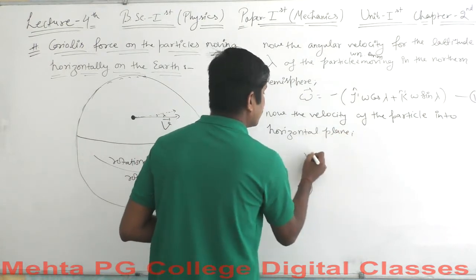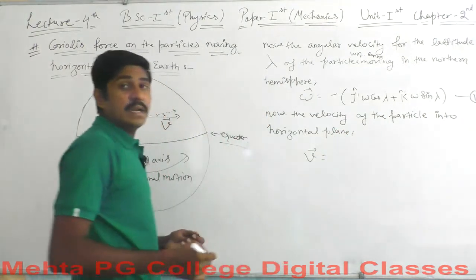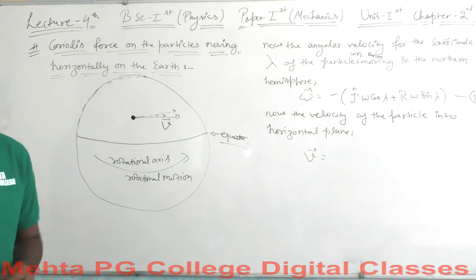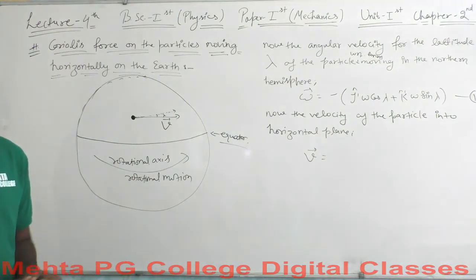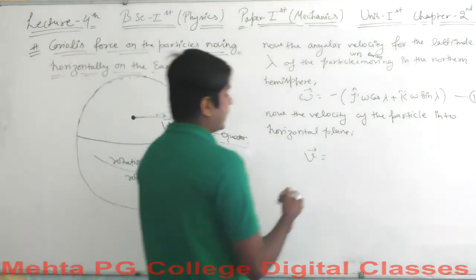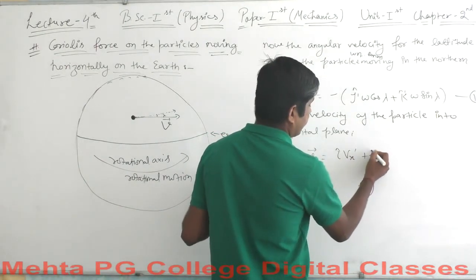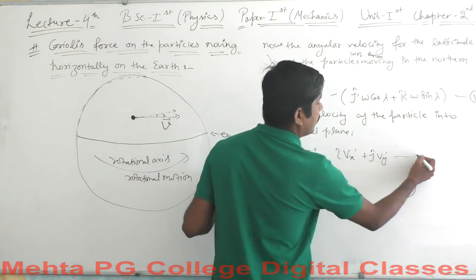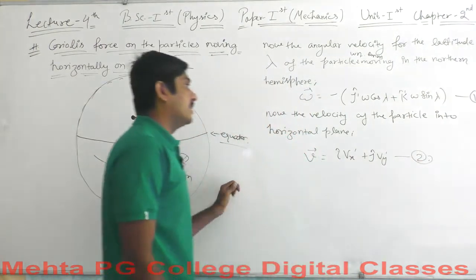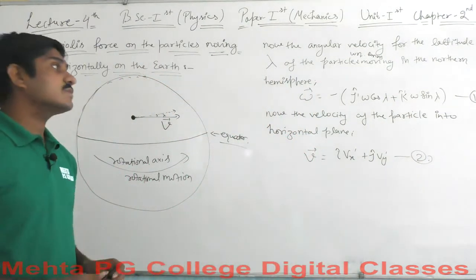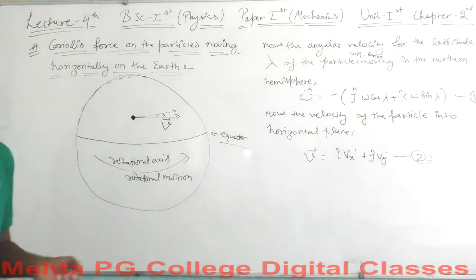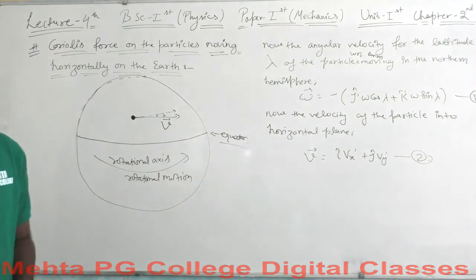Let's say this is the v vector, and the v vector equals i cap vx dash plus j cap vy dash. Let's say this is equation 2. Also, if you remember, v equals omega cross r and such results.